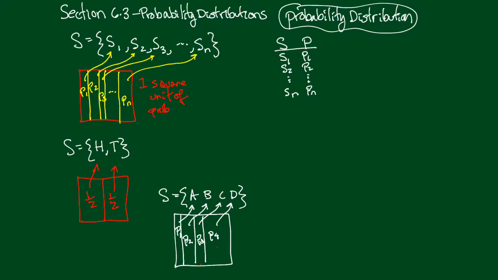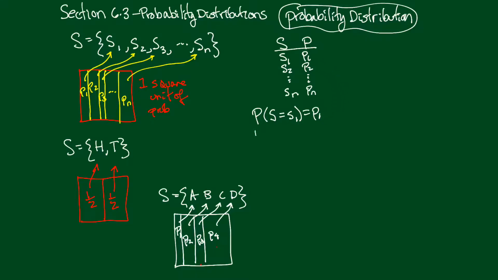And then maybe here's another way that can be useful. I might say the probability that S equals S1 is P1. So I might read it like this. This is the probability that the outcome is this particular one right here. That would be P1.